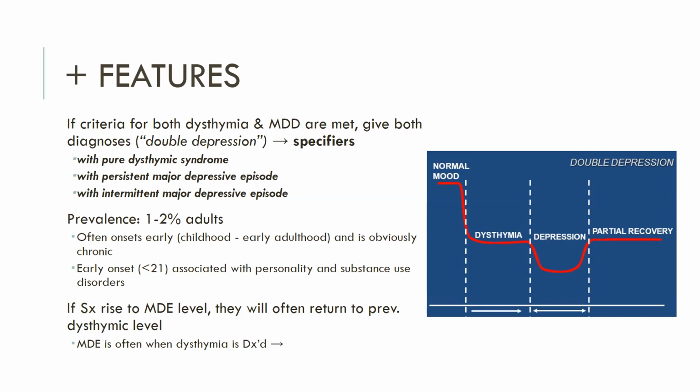Dysthymia can feel like, okay, well, this is just life. It's not pleasant. It sucks, but I've just been this way for a while and it's only a couple of symptoms, it's manageable. But then a person may develop a major depressive episode, things suddenly feel worse, and oftentimes that's when the person will present for treatment. So it's not completely uncommon to discover major depressive episodes for a dysthymic patient once they have reported for therapy.